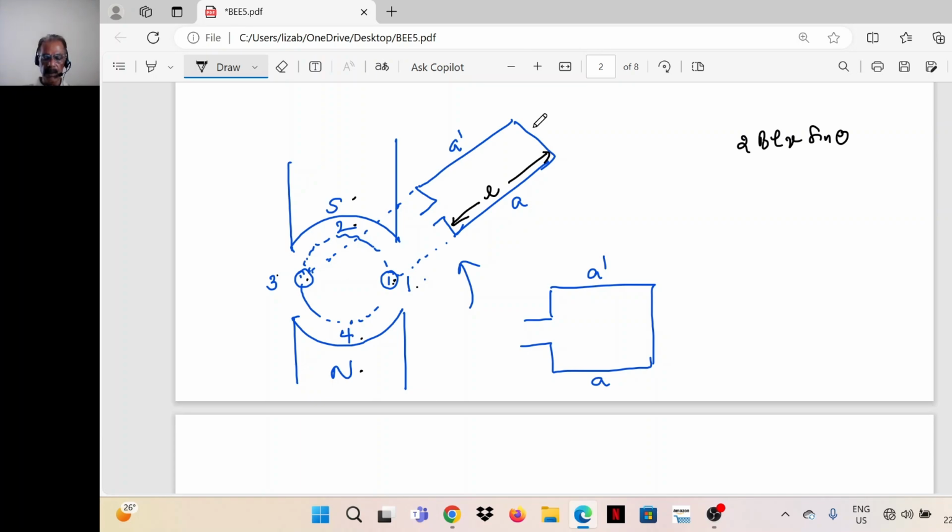Now assume position 1 is where the plane of the coil is horizontal. That means assume conductor A is in position 1. Let's see the EMF induced in this position. The coil is rotating in the counterclockwise direction.